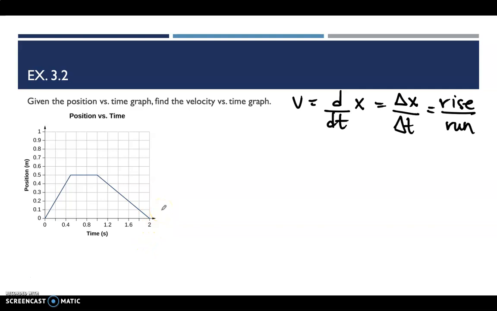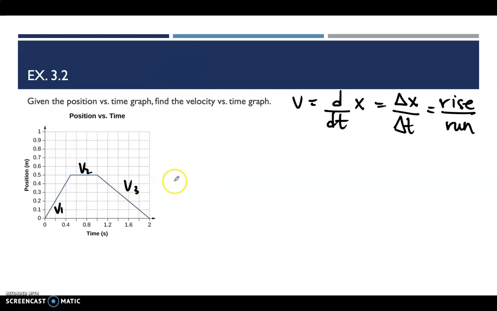Okay, so we're going to use this to calculate each of those individual velocities, and therefore the slopes, to determine the velocity versus time graph. I'm going to call this first bit V1, the second bit V2, and the third V3.